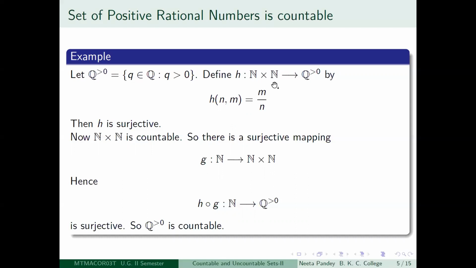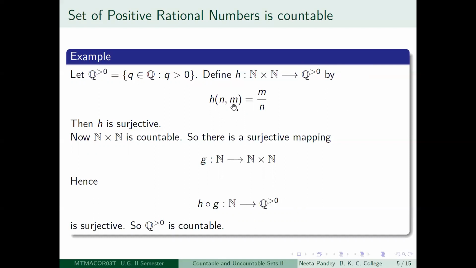Just take any (n, m) and send it to m by n. So clearly this is surjective. Notice it is not injective, because any positive rational number has several forms. Say, for example, if you look at 2 by 3, then 2 by 3 can also be written as 4 by 6.